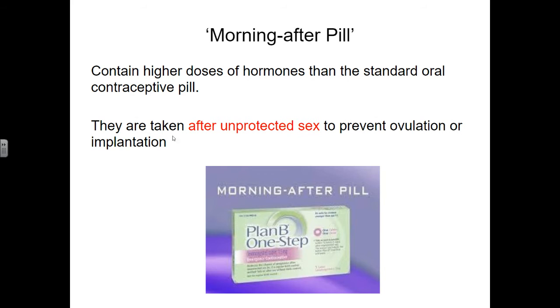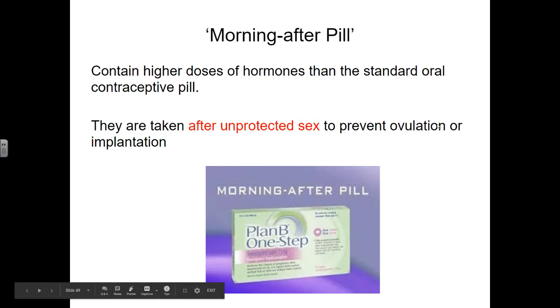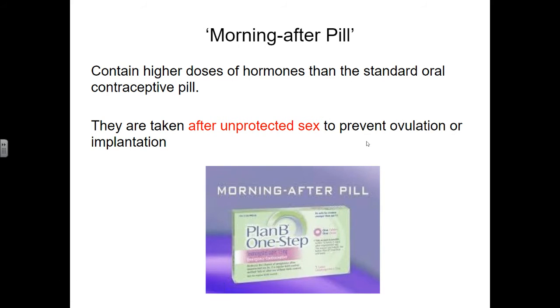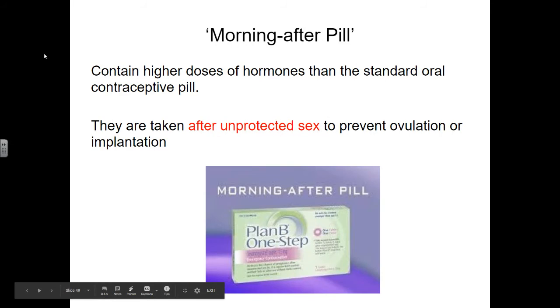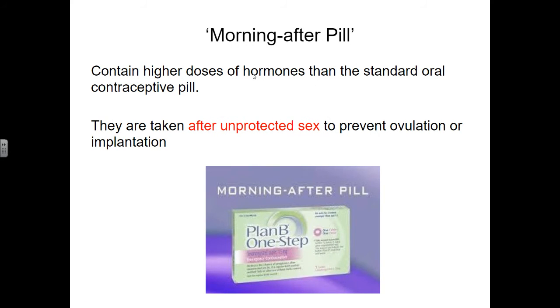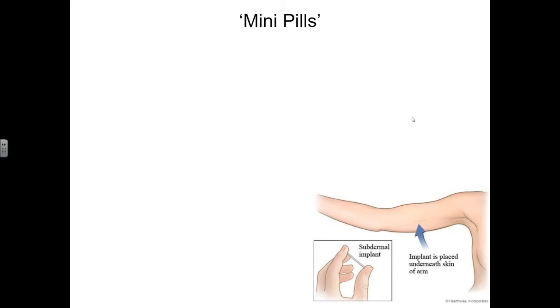You need to take them usually within 72 hours because if you think about it, if you're at exactly the right point of your cycle when you have your unprotected sex or your risky sex, then you could be unlucky and you could get a form of implantation really, really quickly if the sperm and the egg meet almost immediately. So really, the sooner you take it, the more effective it is.